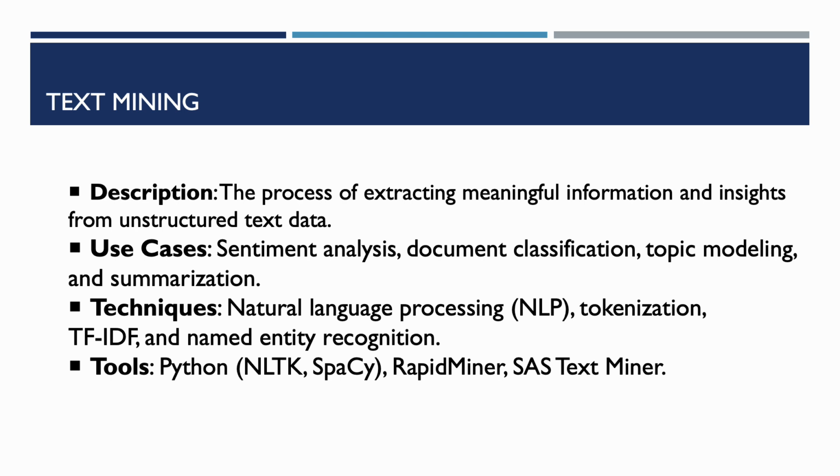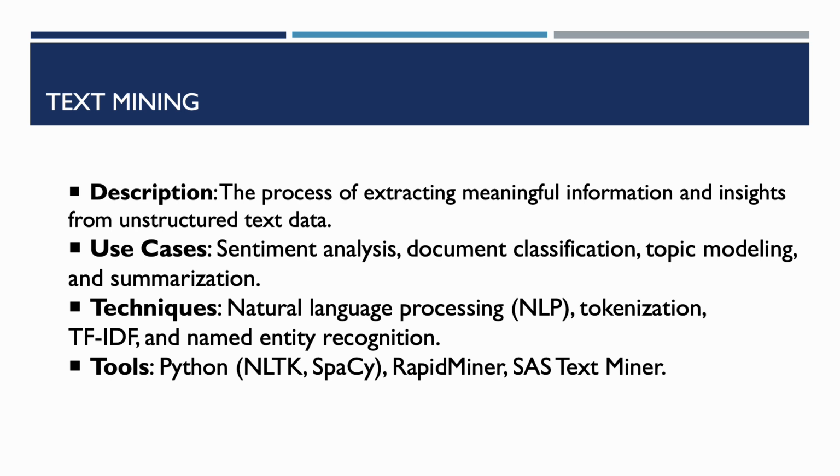It is a method to evaluate how important a word is in a document relative to a collection of documents. If you have a collection of documents, it evaluates the importance of a word in a document relative to the entire collection.